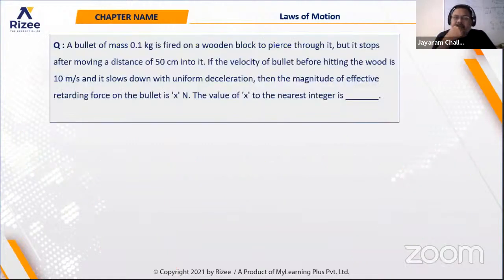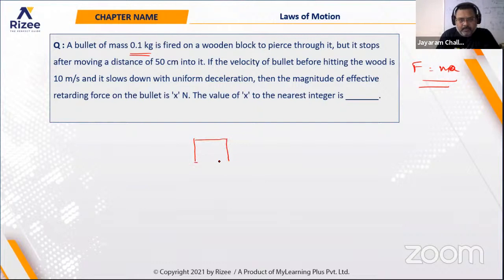So this is the normal thing for force conditions, where the force F is equal to ma. Now coming to this one: a bullet of mass 0.1 gram is fired into a wooden block. Consider a wooden block here.